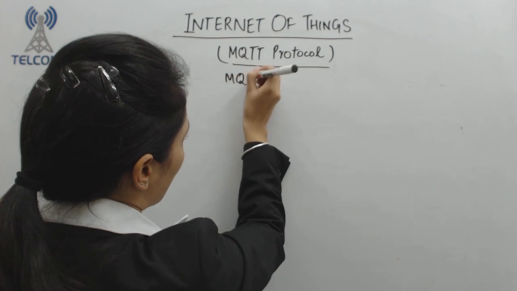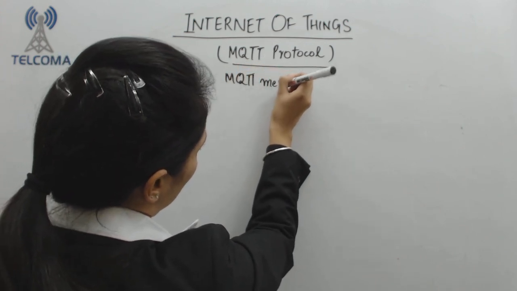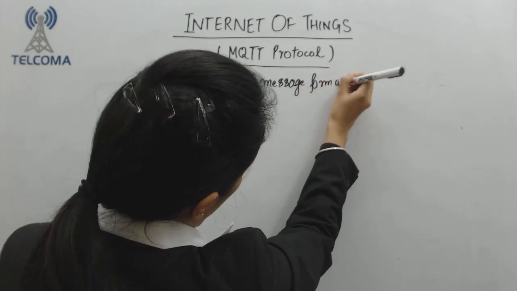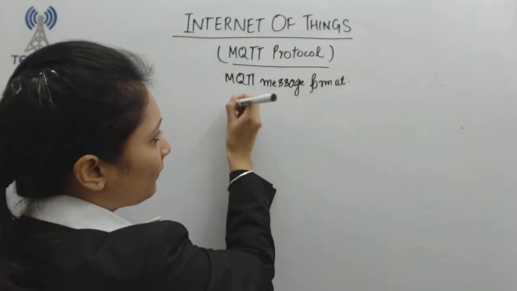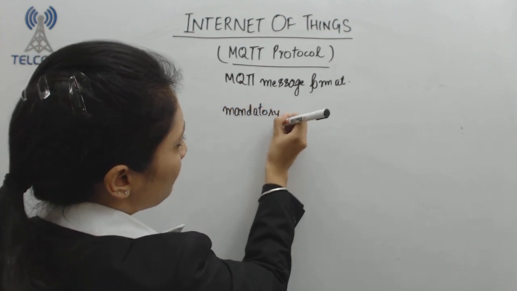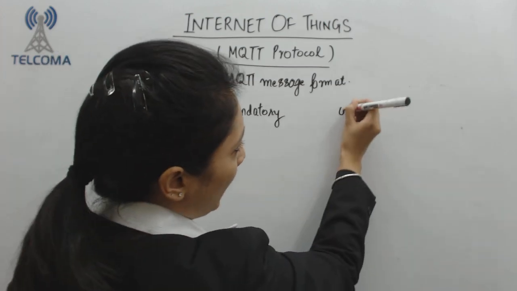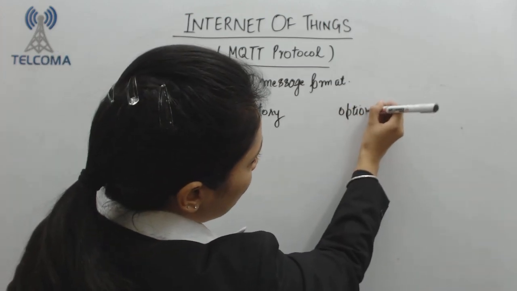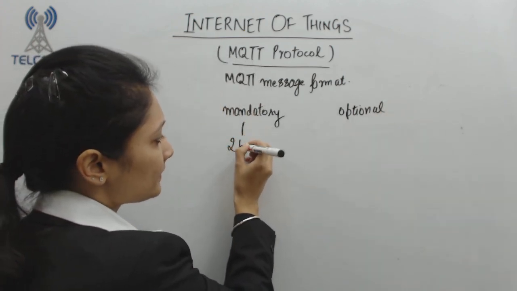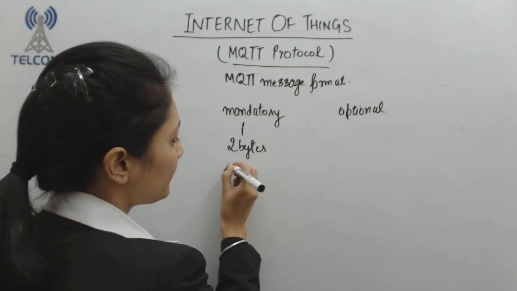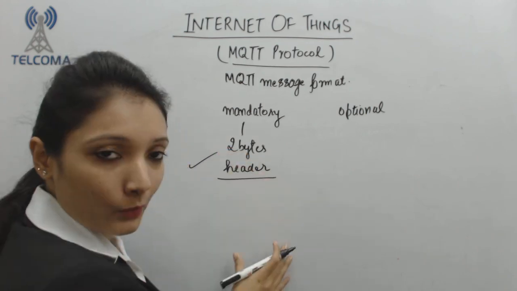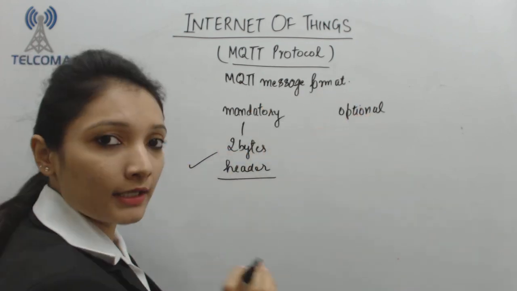So the next thing which we have is MQTT message format. Now it has two types. First is your mandatory, and second one is the optional. Now mandatory one is your 2 bytes header, which will be always in your MQTT message.